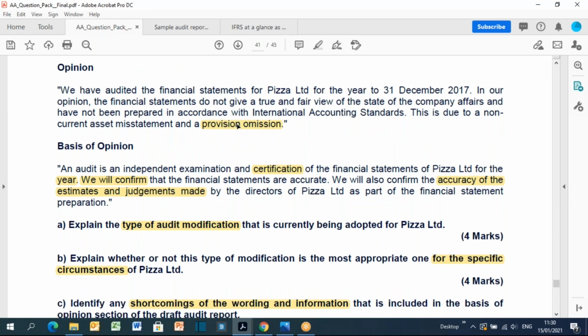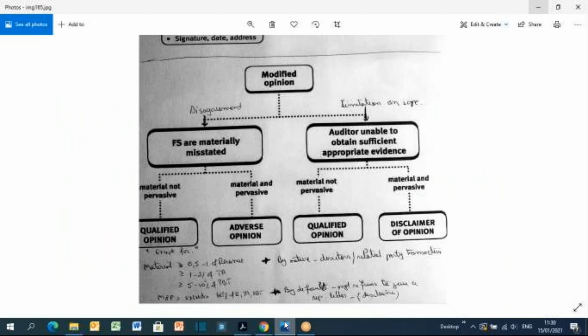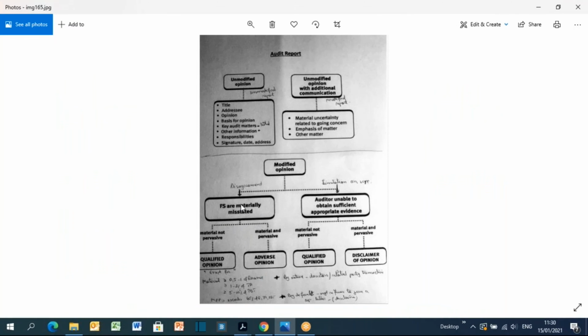If it says that the financial statements do not give a true and fair view, it means that if we look at this layout, financial statements are misstated. They concluded that the financial statements are misstated, so we are on this side, but they do not give a true and fair view. It does not use the words except for, which are used for the qualified opinion.